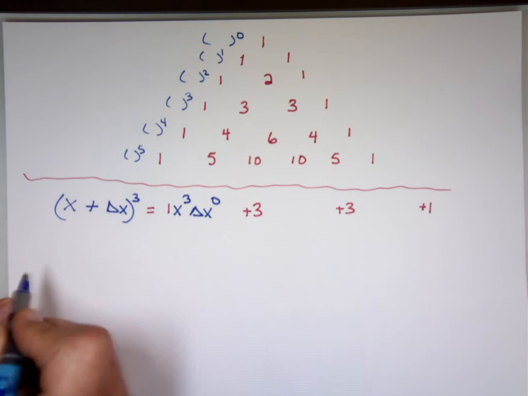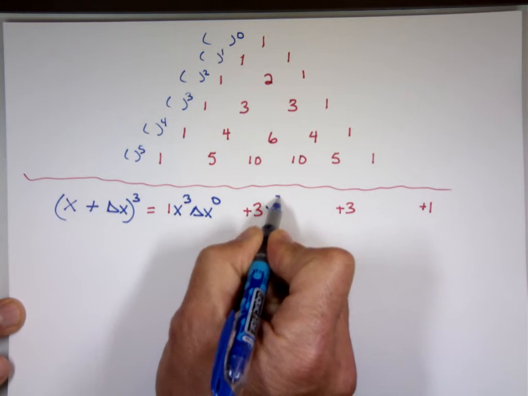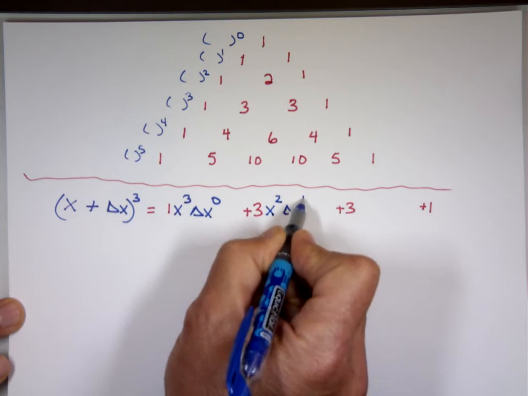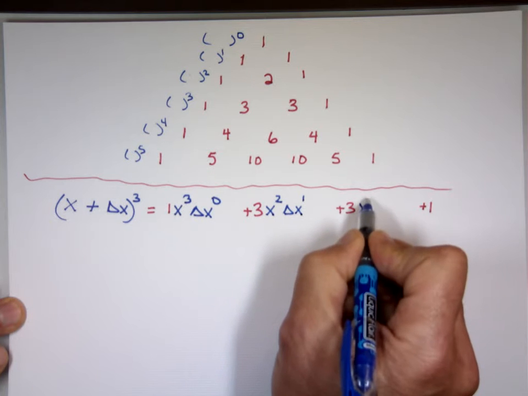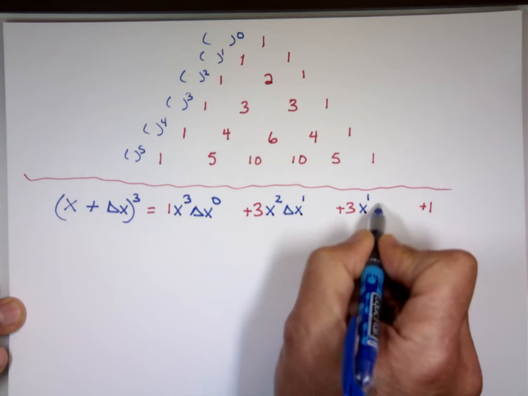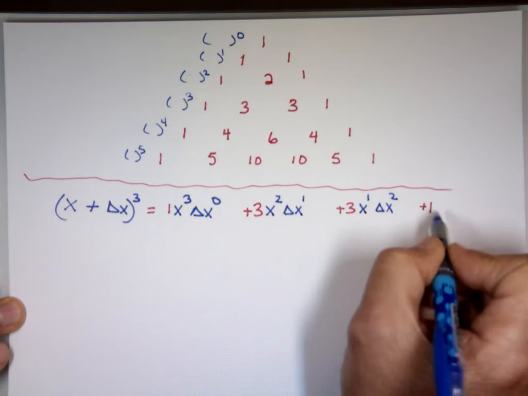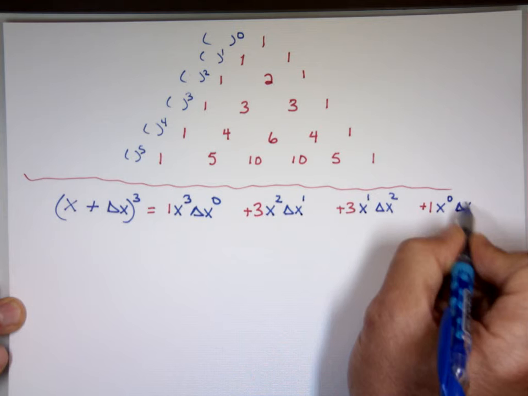Let's decrease the power of x by 1. This becomes what? X to what power? 2. Delta x to what power? 1. The next one, decrease the power of x by 1. That becomes what? 1. Delta x to what power? 2. The last one, x to the 0. Delta x to what power? 3.